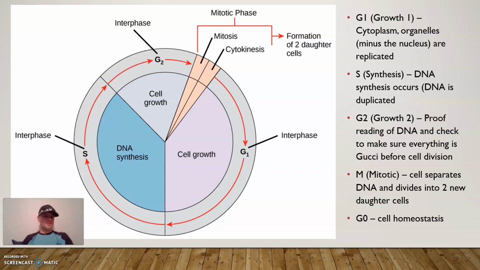And there ultimately comes a process where you stop and you're like, okay, we have all the cells we need as an adult. Let's stop growing and just all the cells chill. And that chill phase happens during G0 phase or G0. And so those are the 5 phases of the cell cycle.